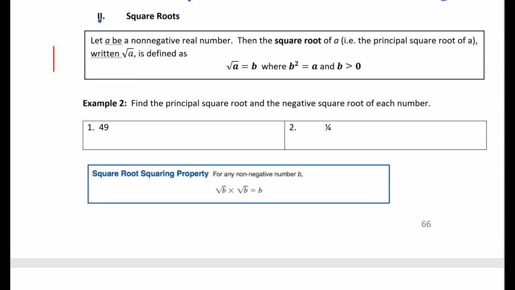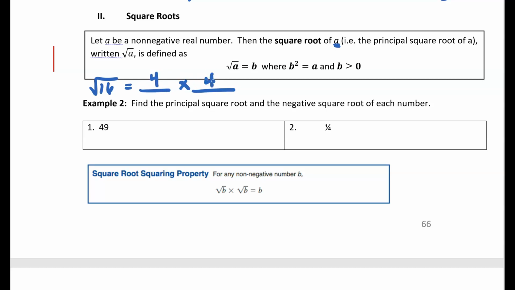So a square root of a number a, and we'll talk about what the principal square root is in a minute. The square root of a is defined as the square root of a equals b, where b squared equals a. So what does that mean? Basically, I'm just going to give you an example. The square root of 16 says what number when multiplied by itself gives you 16?